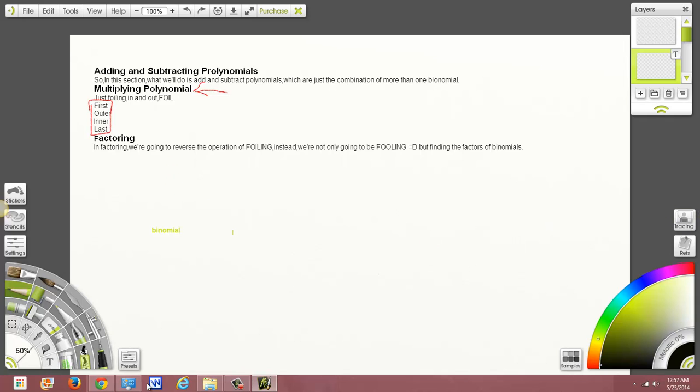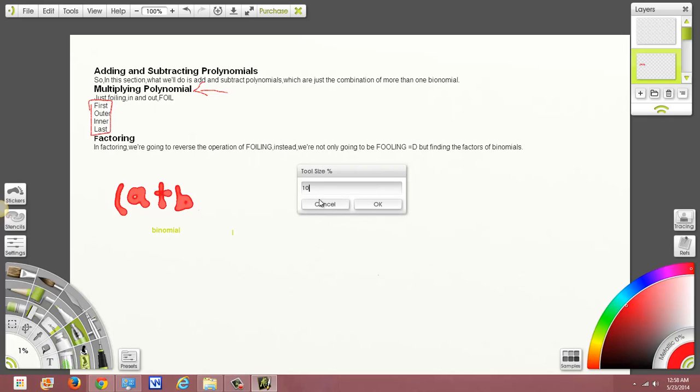So one of the basic rules for polynomials, one of the things you have to actually memorize, and I'm going to tell you why later, is that a plus b squared is the same as a plus b times a plus b.